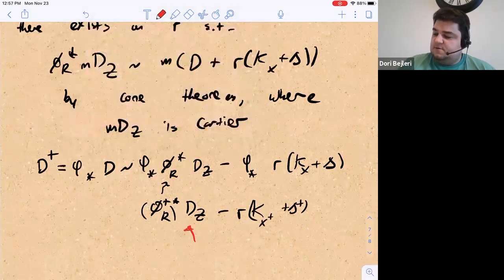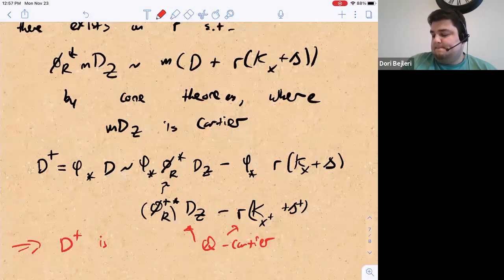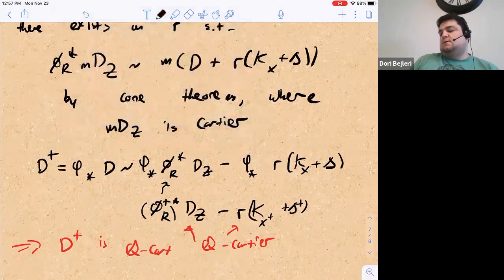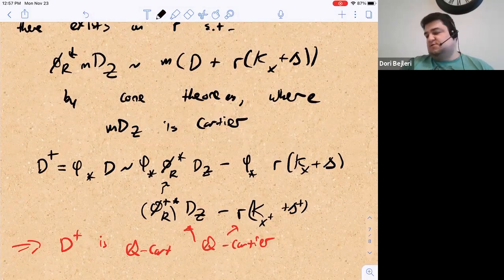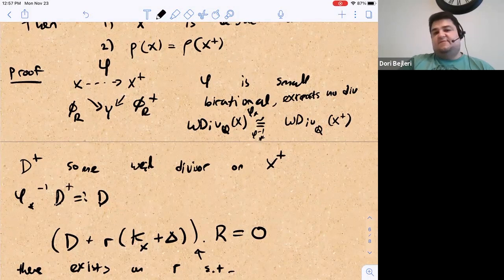So here we have Q-Cartier, and so D plus is Q-Cartier. Okay, and now once we know that everything is Q-factorial, then we get the Picard rank statement, because we already know that Q-Cartier divisors are isomorphic, and if everything is Q-Cartier, then that just tells us that Q-Cartier divisors are also isomorphic, so the Picard rank is the same.